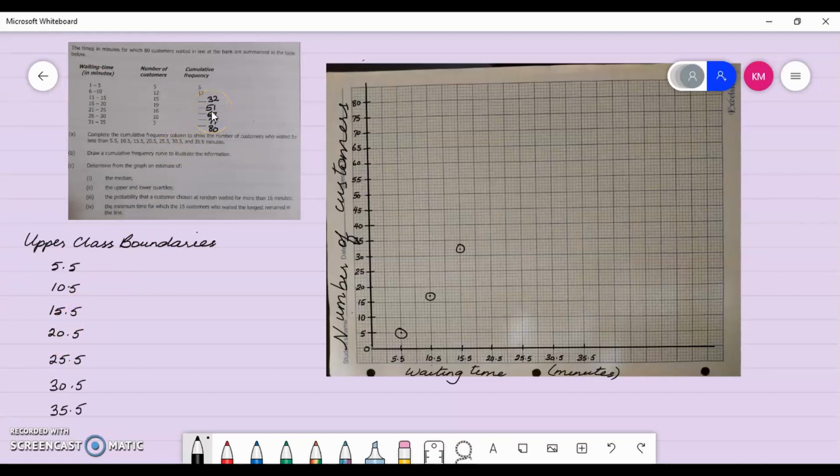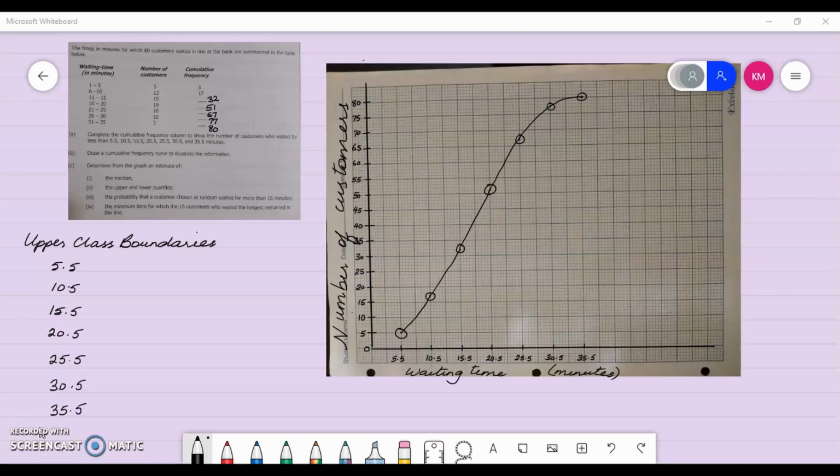So 20.5, I come up until I meet 51. That is there. And I continue in the same manner. So there you have it. You have all your points being plotted, and now it is time to connect those points with a smooth curve. And there you have it, your smooth curve from your points.